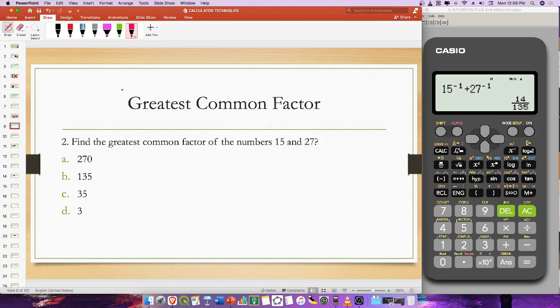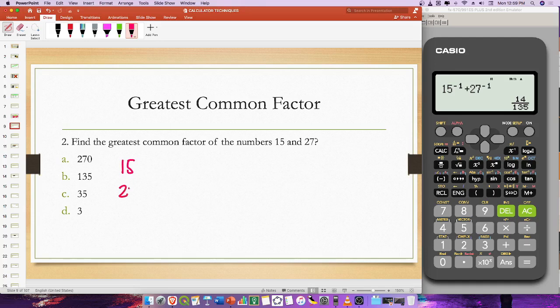Right, now we go to the same problem, but this time we will be solving for the greatest common factor. A while ago we have solved the greatest common factor. Let's review how to solve for it.